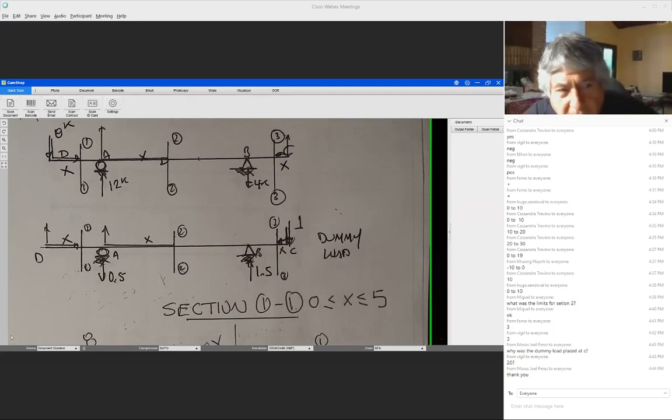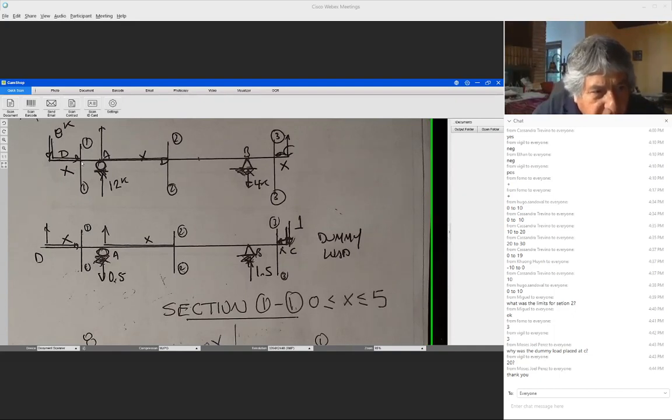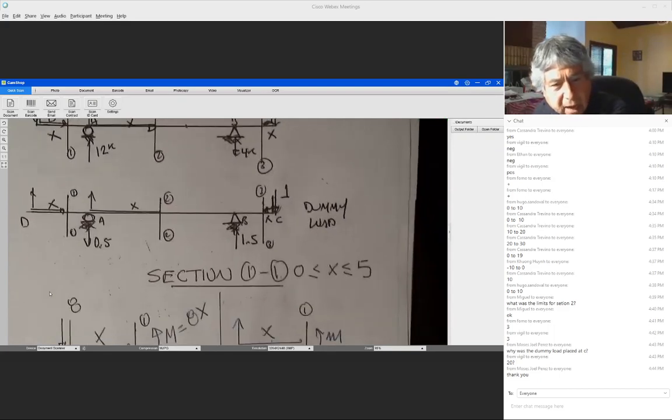Once you get experience, you know that the moment about this point is A times X. You know the moment at this point is 0. But I'm going to do it because the first day, I'll take this free body and this free body. And this is exactly what I have in here.